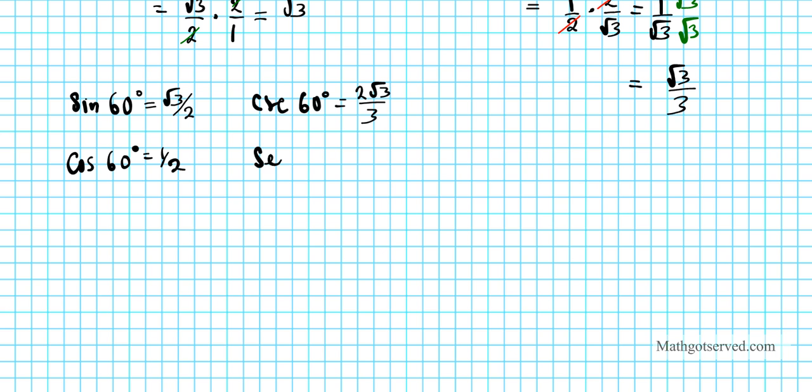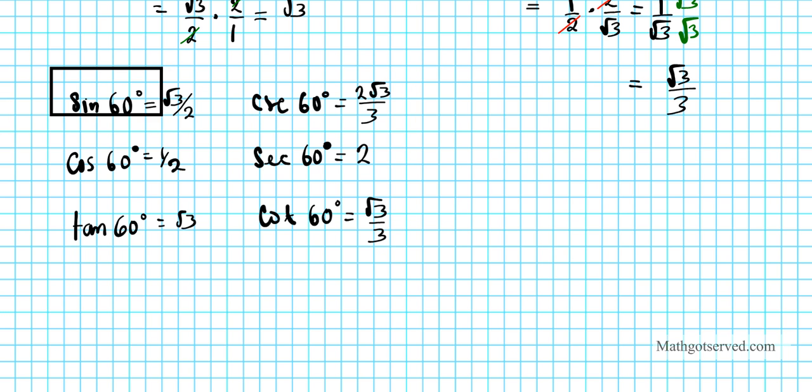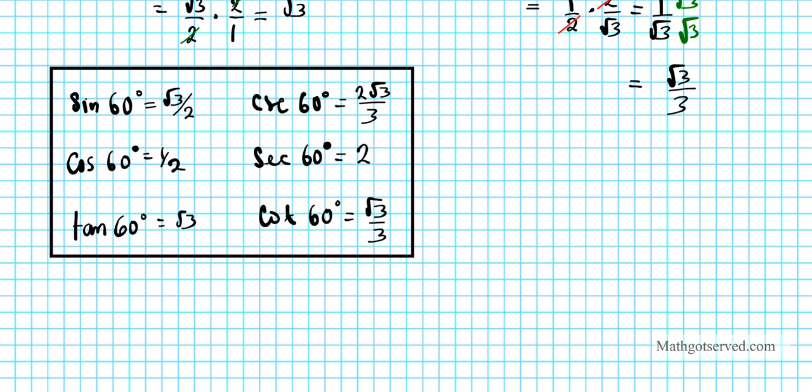Secant 60 degrees is 2. Tan 60 degrees is root 3, and cotangent, which is the reciprocal of tan, is root 3 over 3. So these are your six trig ratios for theta equals 60 degrees. So there you have it.